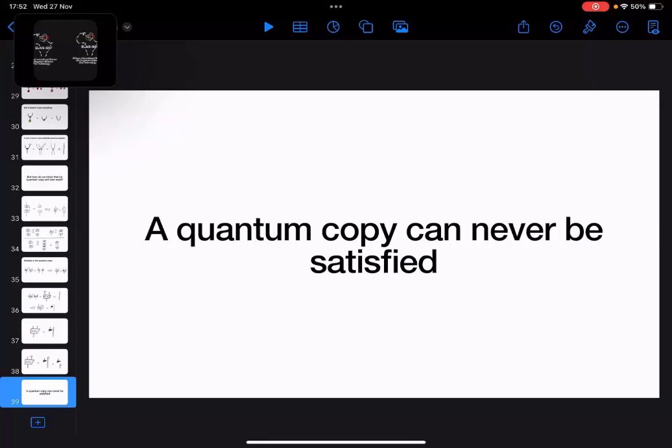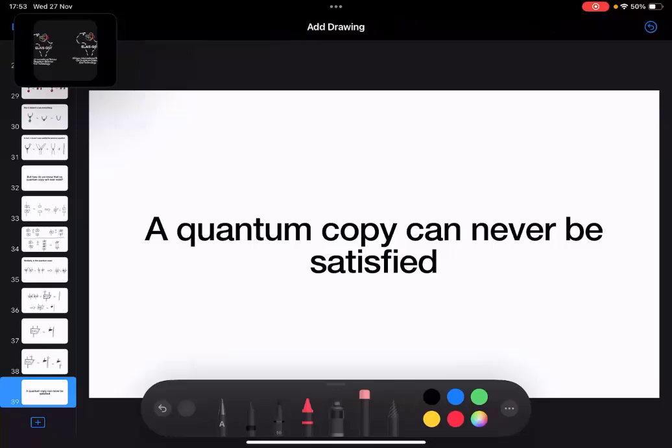I believe this is how scientists usually refer to it, but in this course we often have a different terminology. But yes, you can call it either way: no quantum copy can be satisfied, or the no quantum cloning theorem. If you know the concept it represents, then you can explain what it means, no cloning.